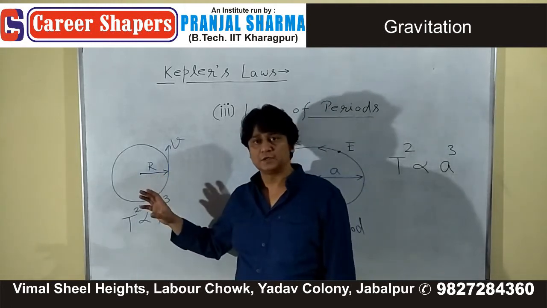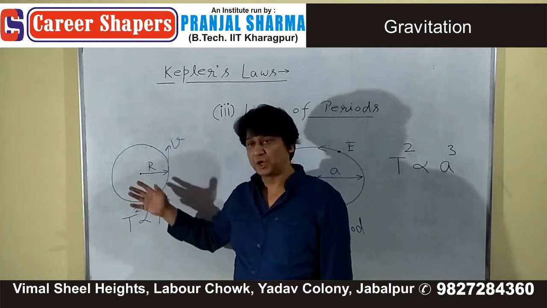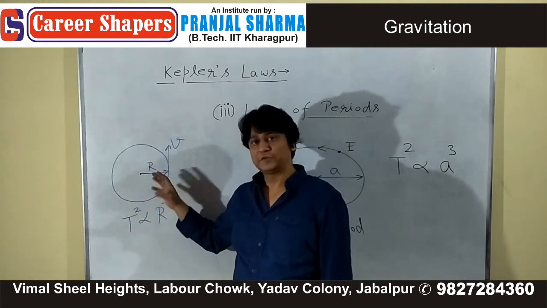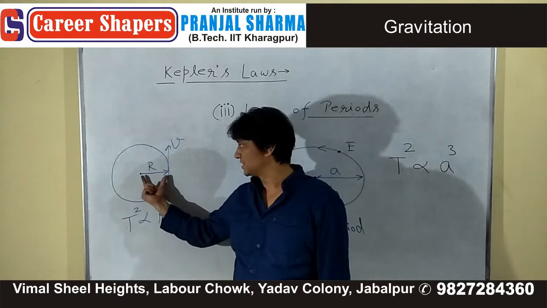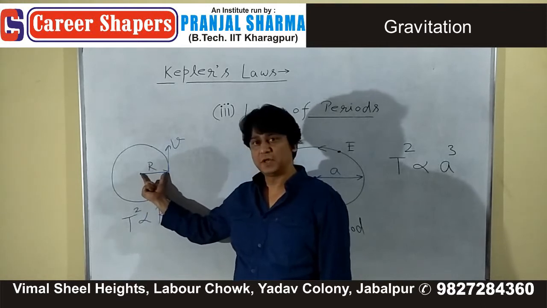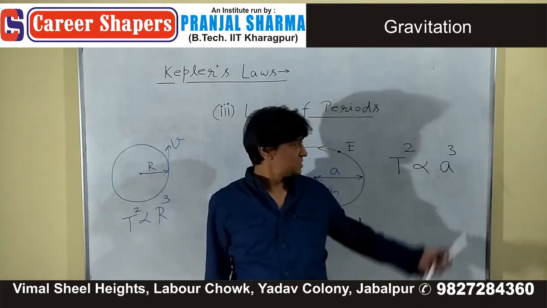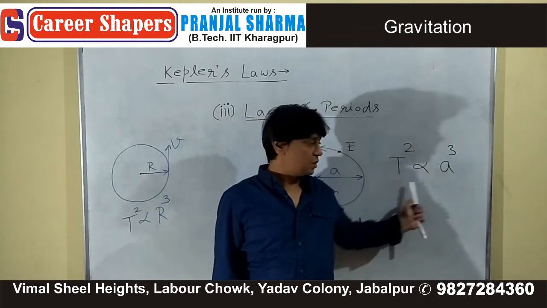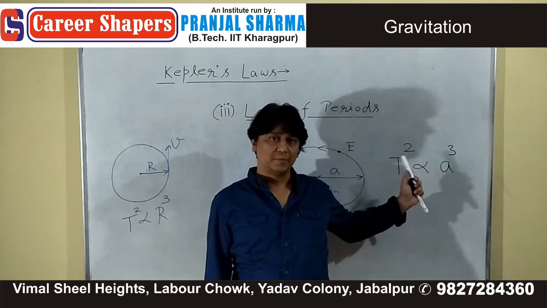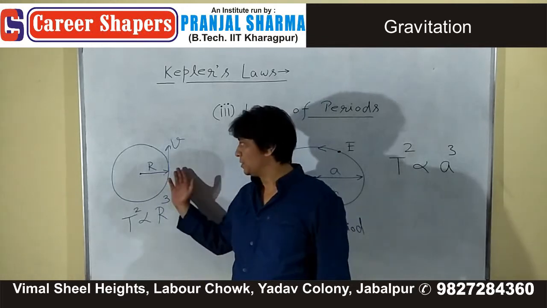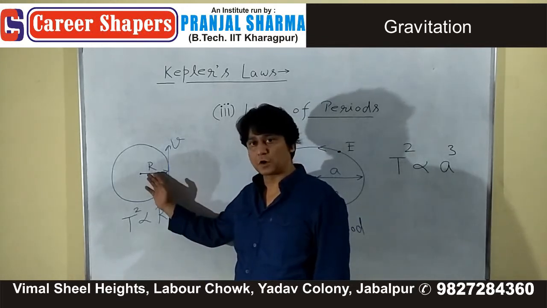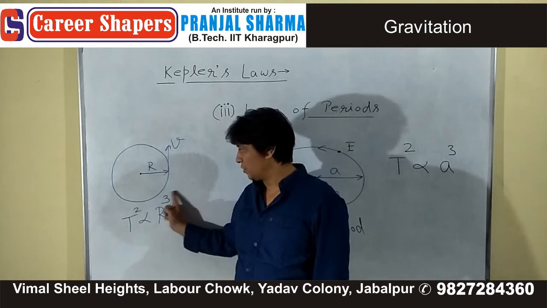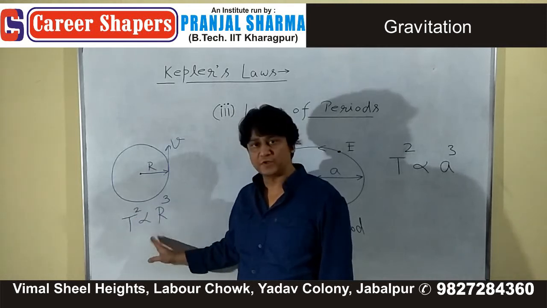Now, what is a circle? A circle is a special case of an ellipse. If it's a special case of an ellipse, then the semi-major axis is what? R. And therefore, this law, which is valid for elliptical orbits, can be directly used for a circular orbit also in this form. We have already seen proof of this.